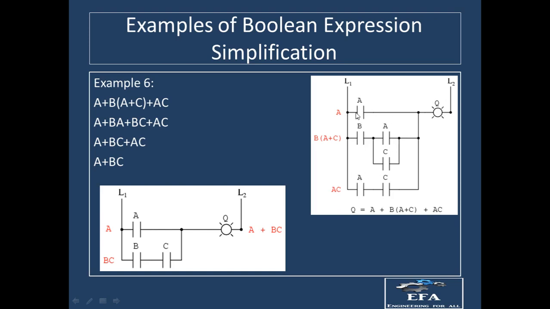In the first branch we are having the switch which is giving the input A. At the second branch we are having the sources which are giving the inputs B, A and C, and the last one is having the line which is giving the sources as A and C again, right?